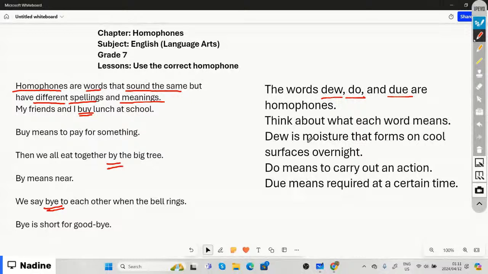Once again, we said homophones are words that sound the same, but they have different spellings as well as meanings. So now we have our words with dew, words with do, and words with due.